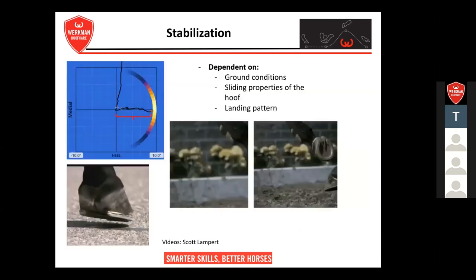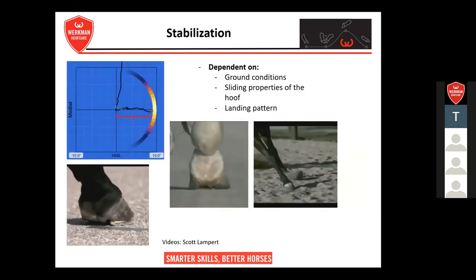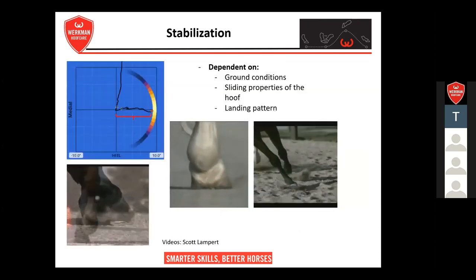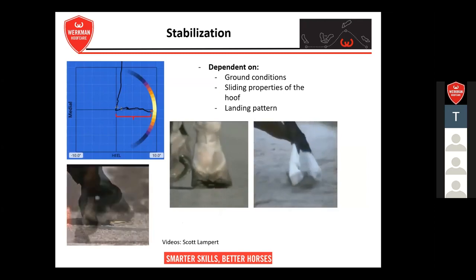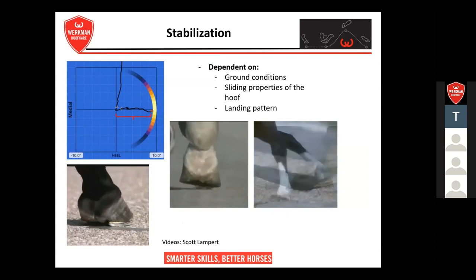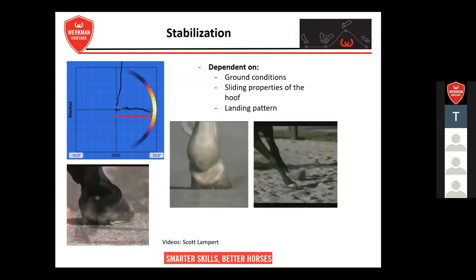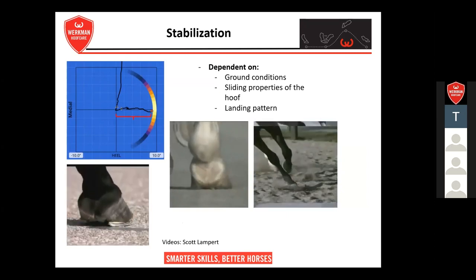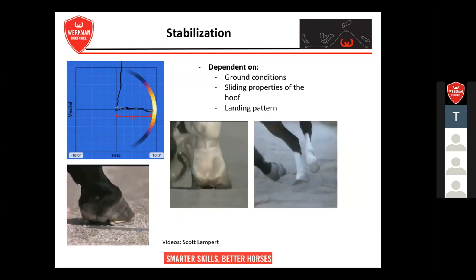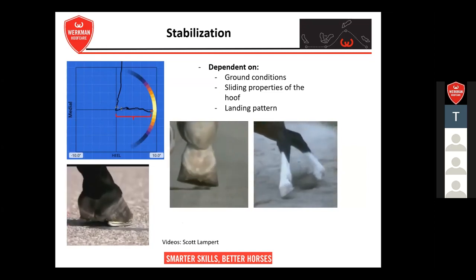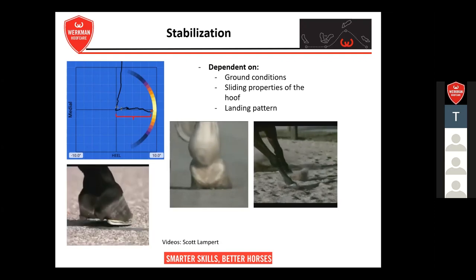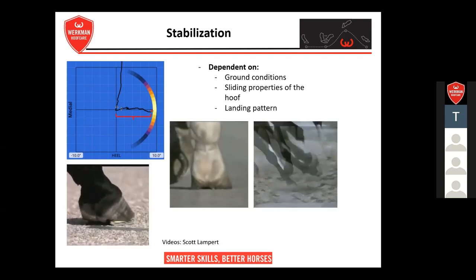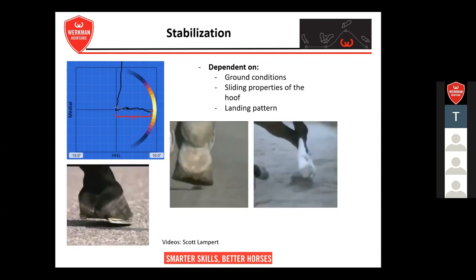The stabilization is dependent on the ground conditions. Of course, it's a difference if horses walk on asphalt, really slippery surfaces, or for example, sand or surfaces that stop the hoof suddenly. For example, these modern arena beddings are quite fast surfaces, but they also stop the hoofs quite a lot. But it's also related to the sliding properties of the hoof.